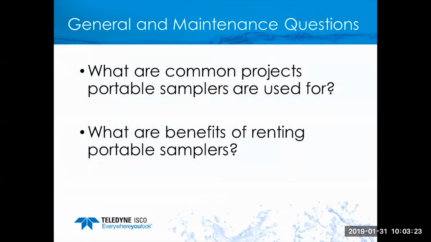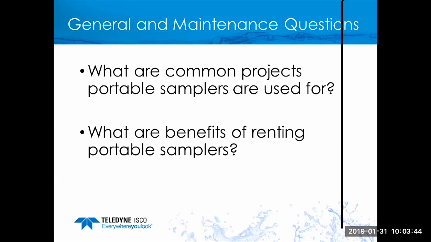So the first question relates to what are the common projects portable samplers are used for? In many cases, the general rule of thumb for the usage of portable samplers involves applications where there is not the presence of AC power, meaning you're going to need to power your equipment with batteries or a combination of battery and solar panel.